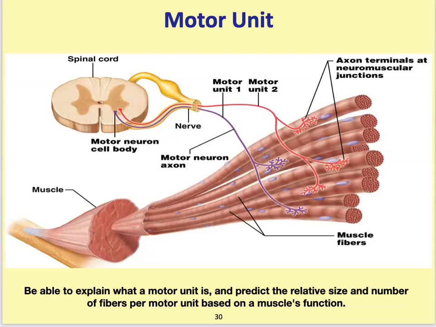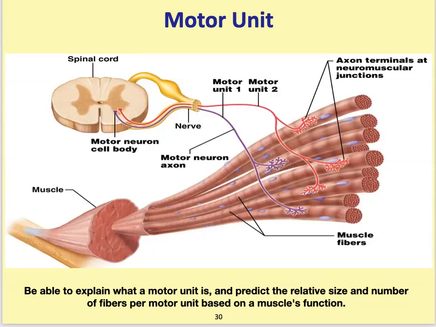And muscles that exert finer control, such as those controlling your eye movement, as well as your fingers, which are able to carry out very fine movements, tend to have very small motor units. And by contrast, the larger weight-bearing muscles of your lower extremities, whose movements are less precise, tend to have large motor units.